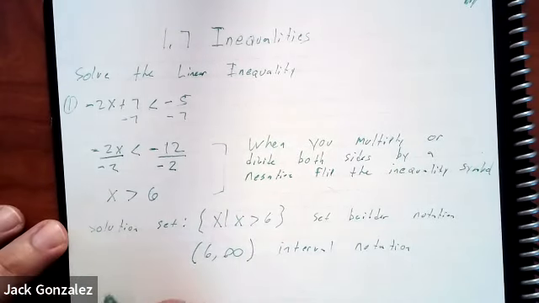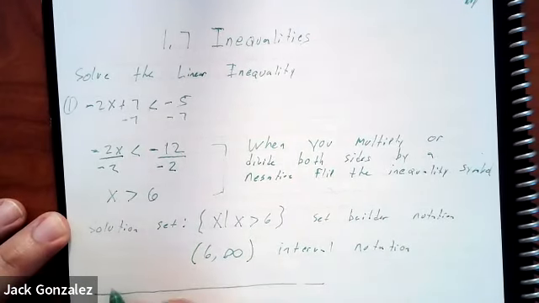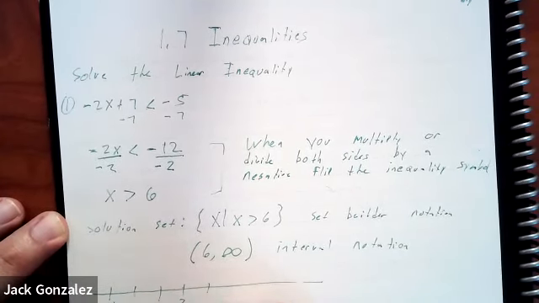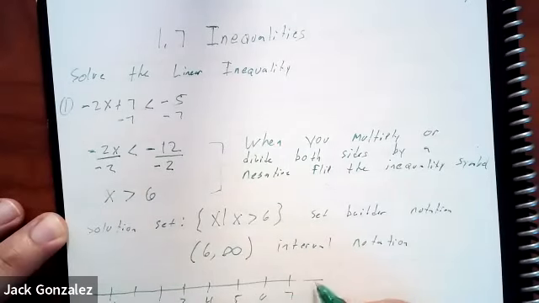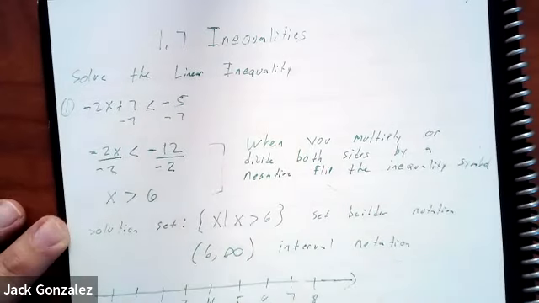So visually, you would draw a number line. Say we have 0, 1, 2, 4, all the way till forever.